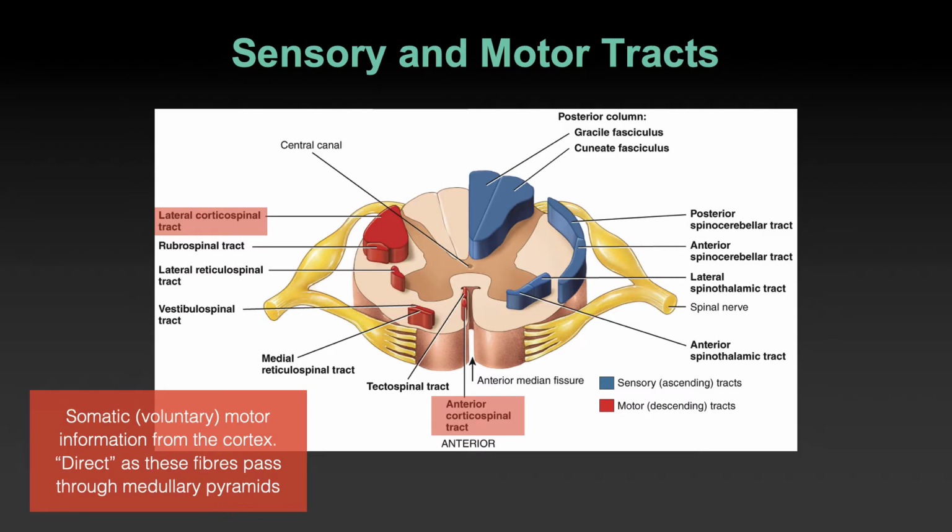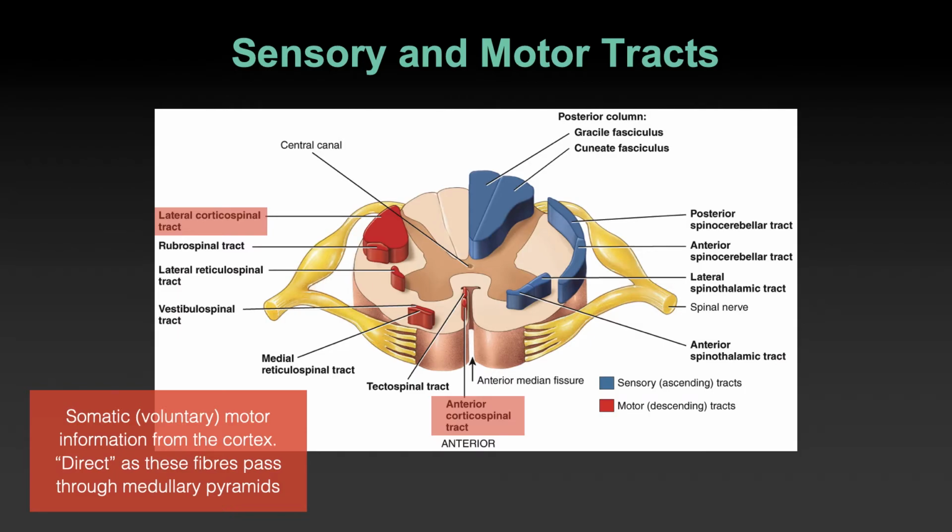Direct somatic motor tracts go through the pyramids of the medulla. So a couple interesting ones that we put up there. There are others, as you can see, but I'm only looking at the corticospinal tracts. So these are somatic information to do something that you have voluntary control over.